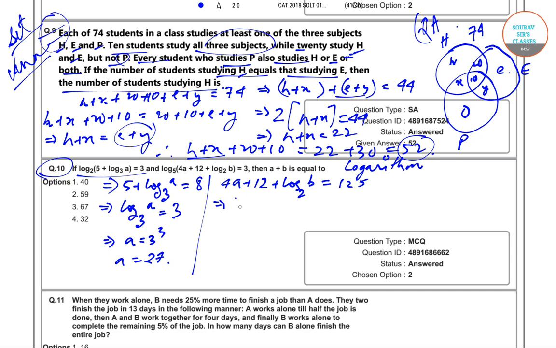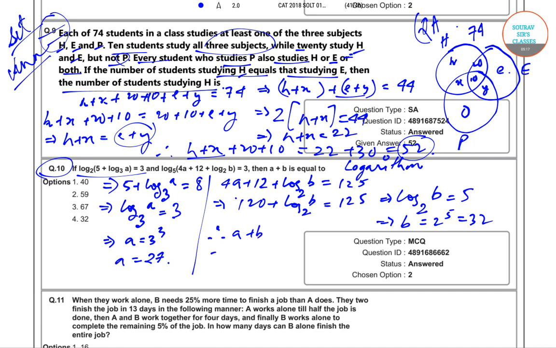So 108 plus 12 will be 120, plus log of b to the base 2 will be equal to 125, and that implies that log of b to the base 2 will be equal to 5, and that implies that b will be equal to 2 to the power 5, which is 32. So therefore a plus b now will be 27 plus 32, which will be equal to 59.